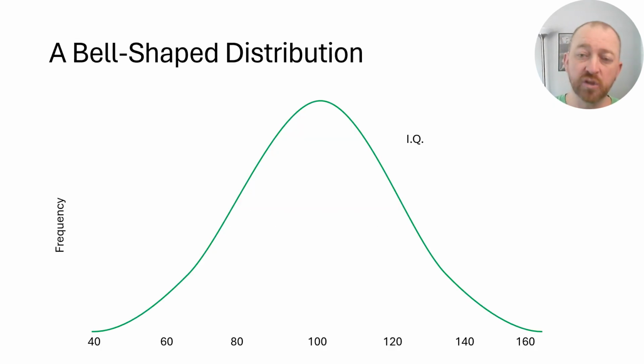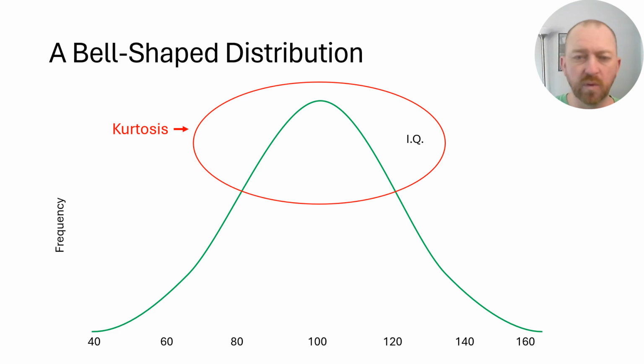So here's a bell-shaped distribution, of course. We've seen this before, we looked at this in the last one. It's a bell-shaped curve. Normal distribution is how we refer to that, also sometimes a Gaussian distribution. So specifically for kurtosis, what we're looking at is this part of the distribution, and the curvature up here at the peak is what we're interested in.